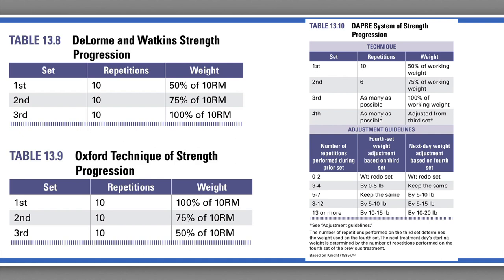However, what you see is that the number of sets also exceeds that of the other two techniques, in that it really promotes individuals to do additional sets and additional repetitions if possible. So it is much more prescriptive in nature if you look at how they adjust the guidelines as well, and that's shown in the bottom right of your diagram.